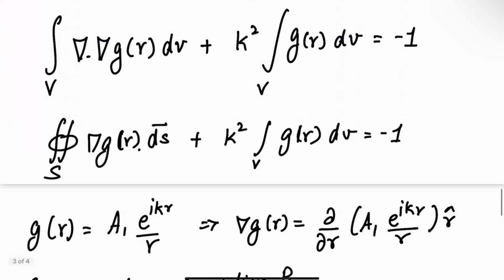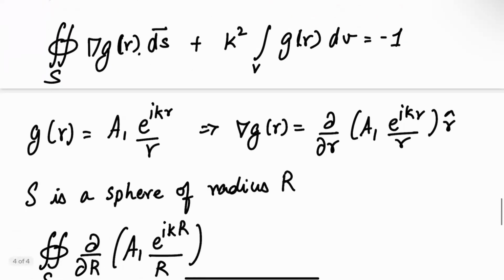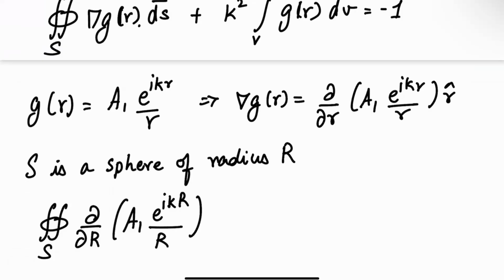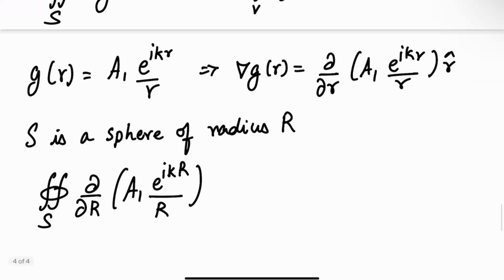This is a gradient on the left-hand side. ds vector is nothing but r hat times ds. And since the gradient of g has r hat, the dot product of those two things goes away, and then you're just left with ds.